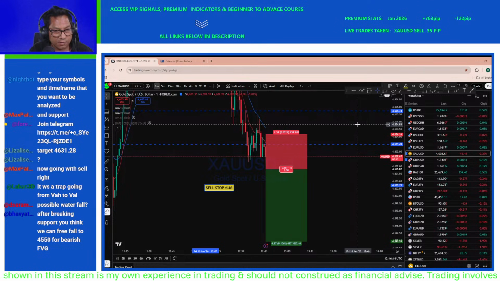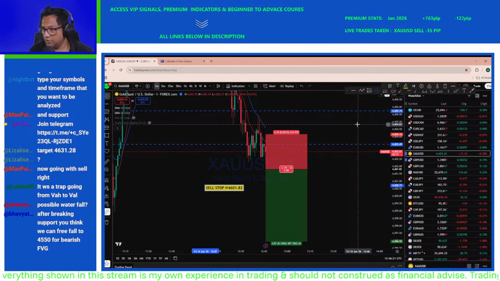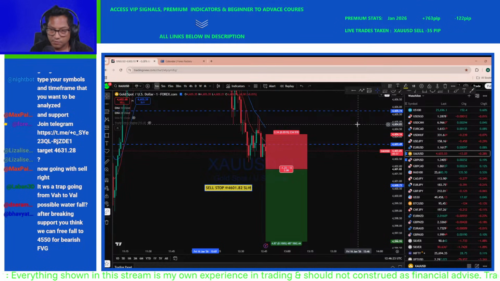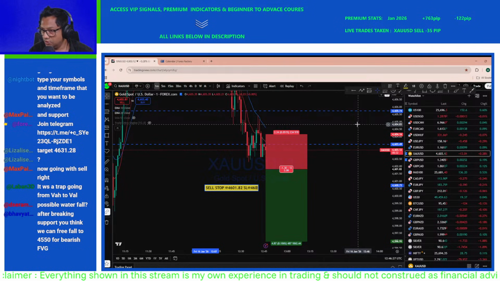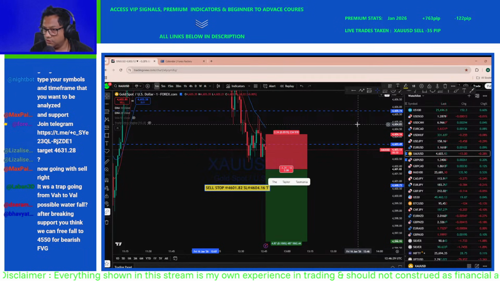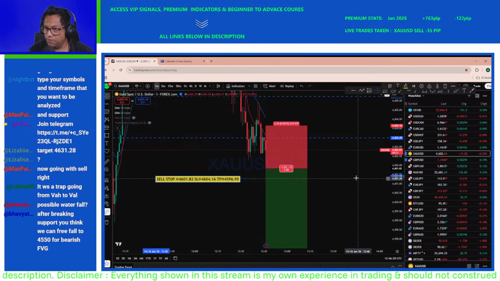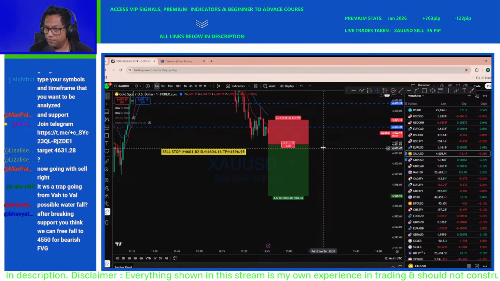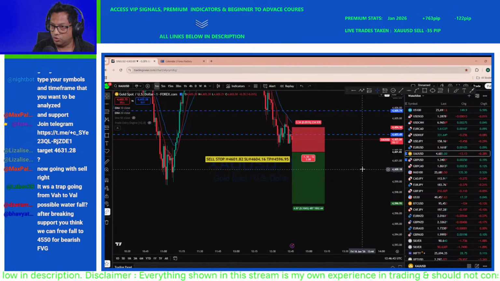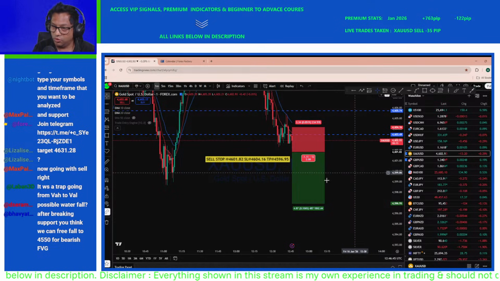For 4601.82, stop loss above 4604.16, and this is what we want to keep in this move here on gold. So if the market breaks below, we will be in the trade.